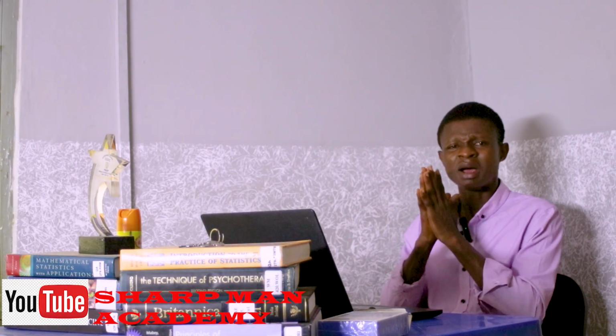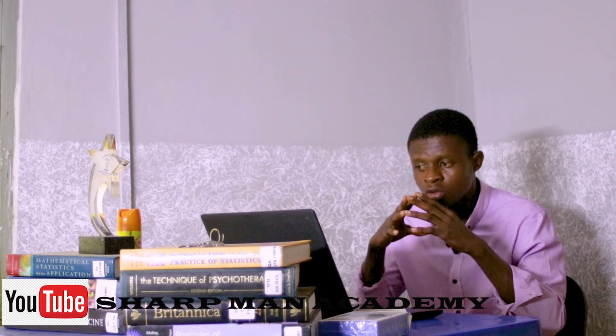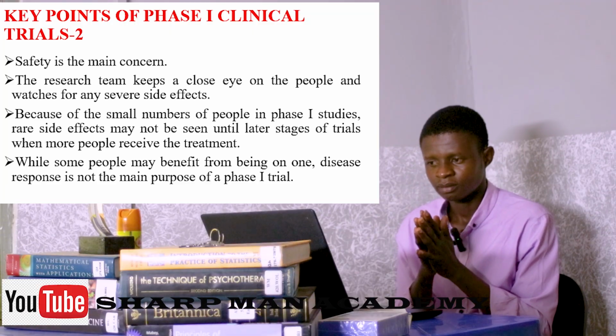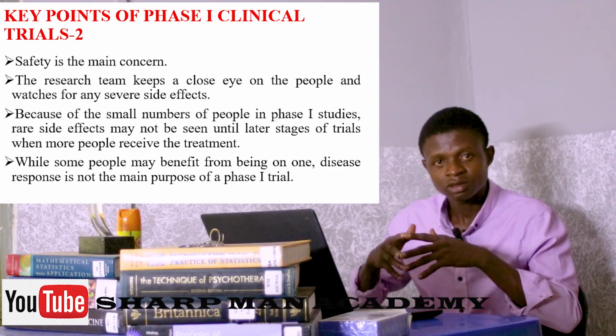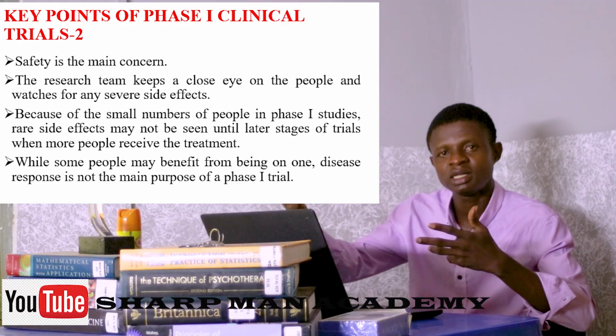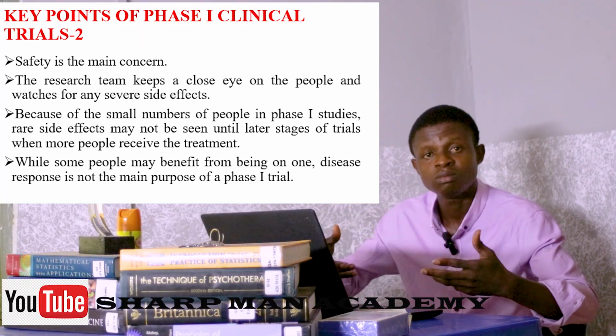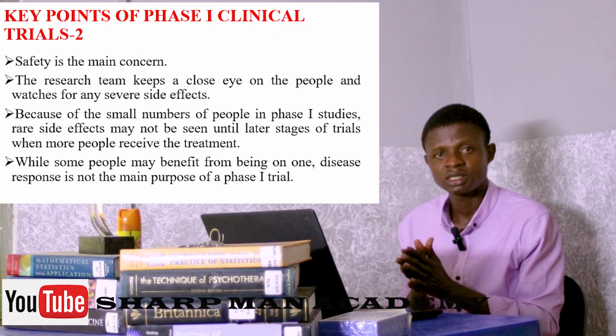So we put cautious attention on the participants. We run a series of checks on them. And then here we recruit a small number in this phase, until later when we are moving to the next stage, that is phase 2, then we can add more people to this study.